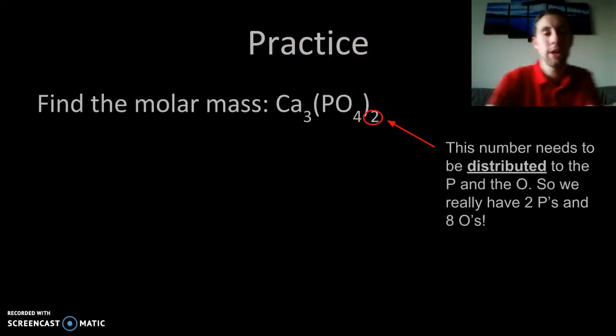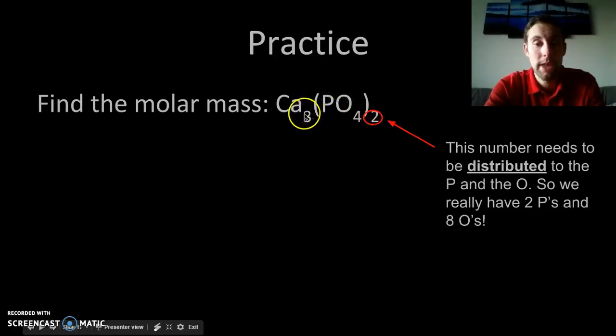Okay, here's that fun calcium phosphate one. Now there's subscripts outside the parentheses on the left, outside the parentheses on the right, and inside the parentheses. So that 2 has to be distributed just like the last one was to the P and the O. But since this O already has 4, we have to take 2 times 4 to get 8 oxygens and 2 phosphoruses.